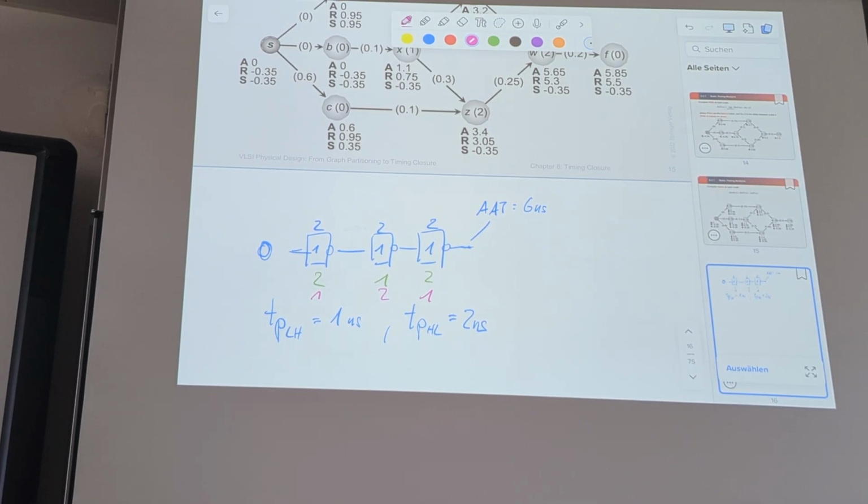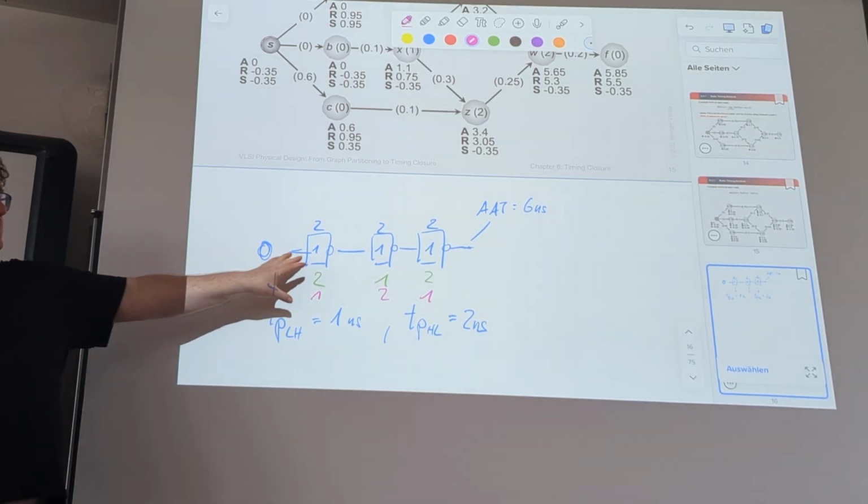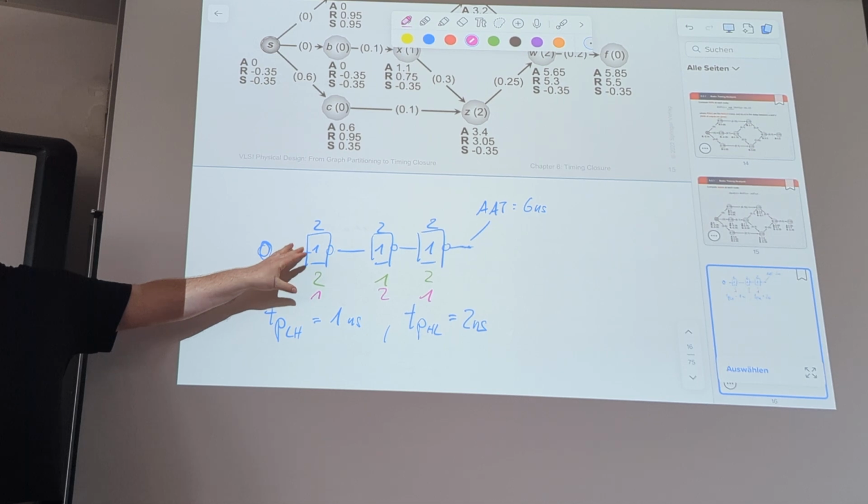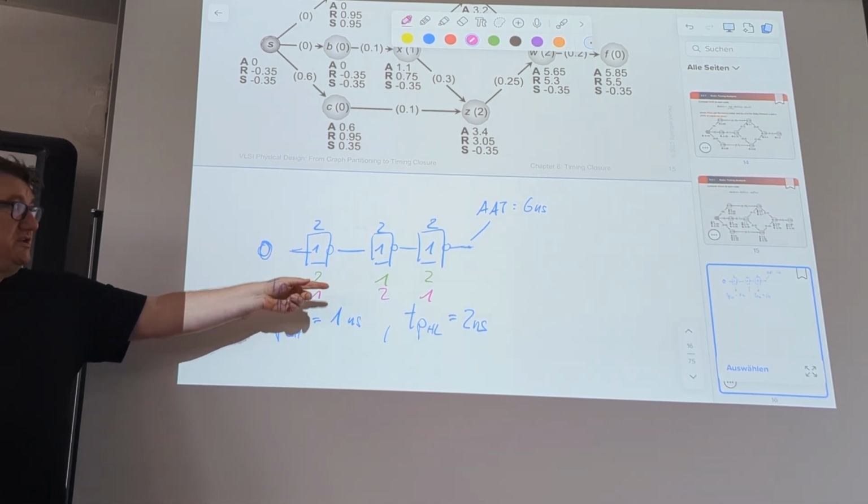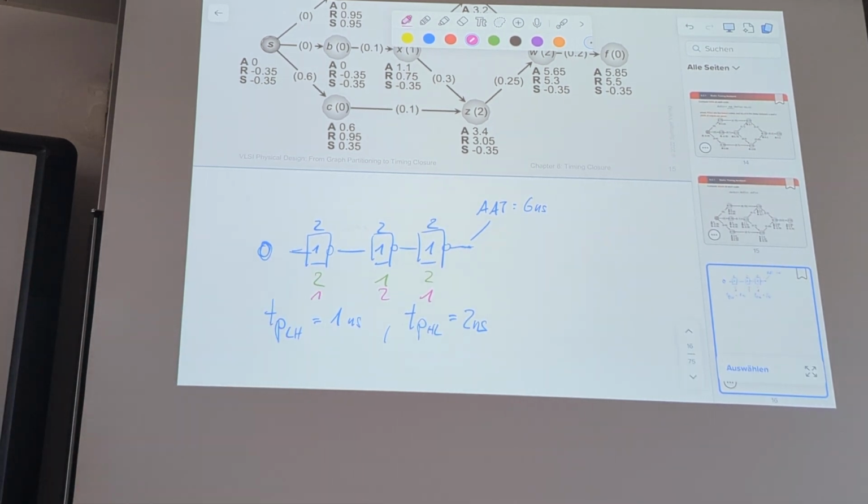For them it's true. Inverters are negative unate. And you can include that into the static timing analysis, because when you include that, you will figure out that your AAT is 5 nanoseconds in the worst case. It will never be later than that.